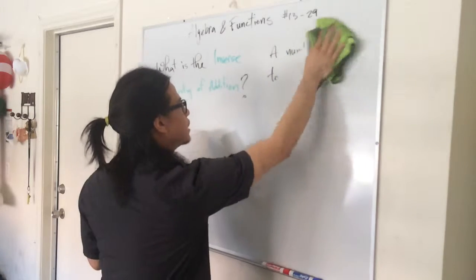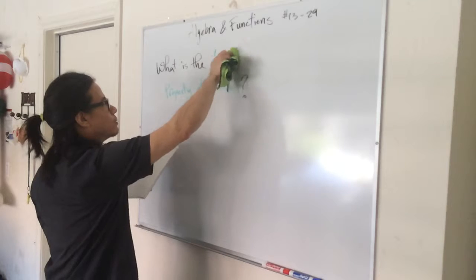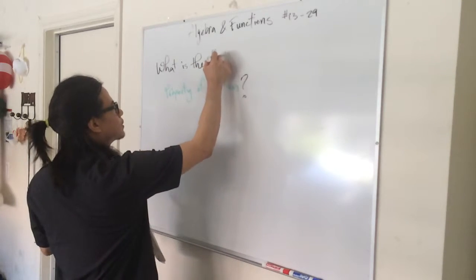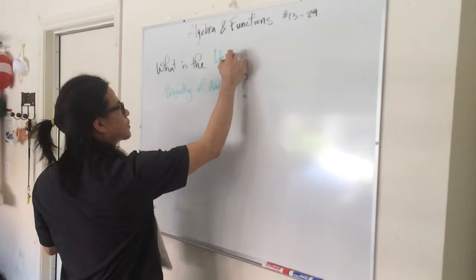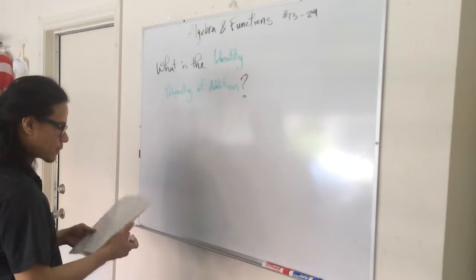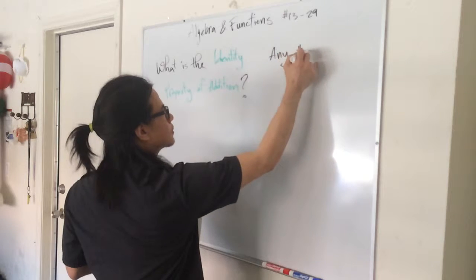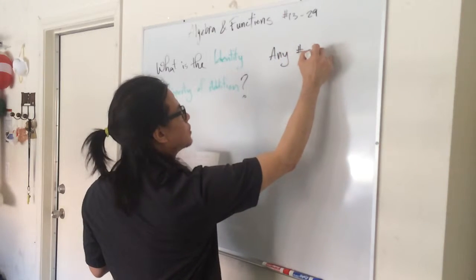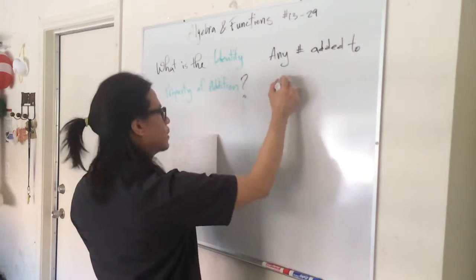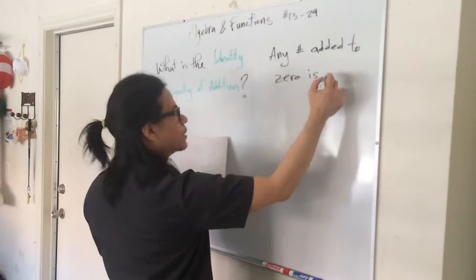The next property that we are going to discuss is called the identity property of addition, which states that any number added to 0 is the number itself.